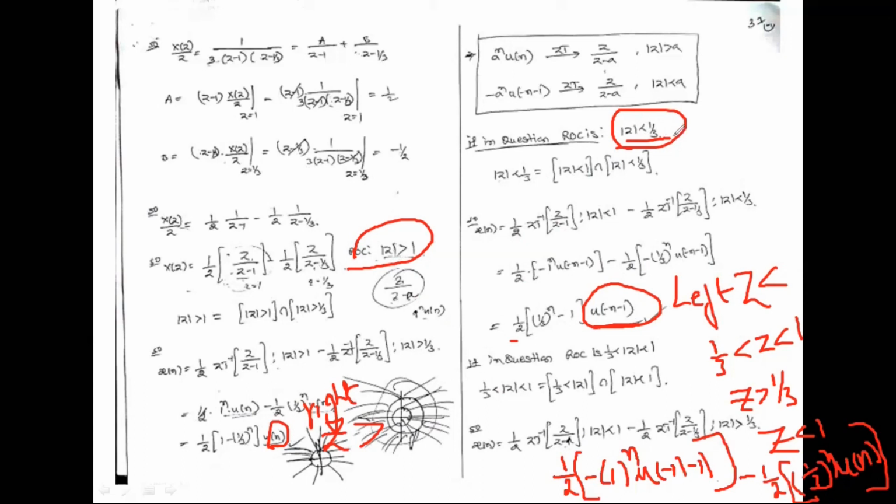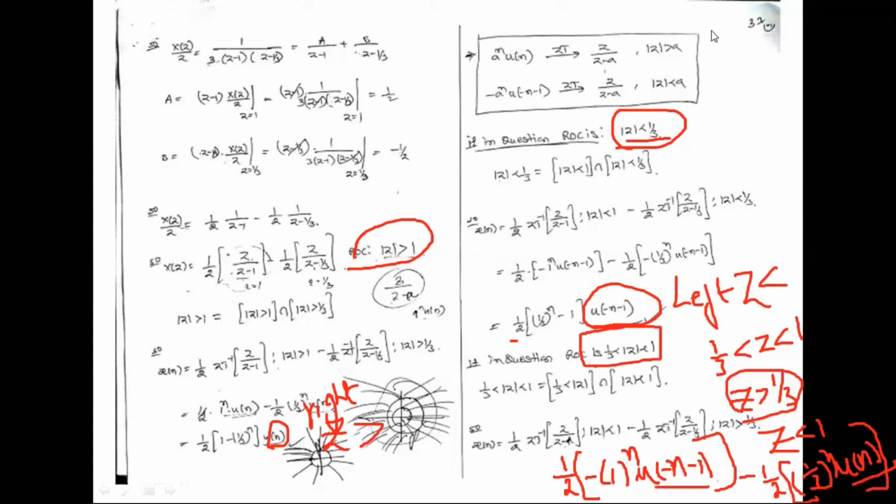Z is less than 1 by 3. The total function is multiplied with mu of minus n minus 1. But in the range you can take as given, and depends upon the value where it is present. Take it as greater than 1 by 3 as mu of n, and mu of minus n minus 1. Wherever the 1 value is there, you can write as mu of minus n minus 1.